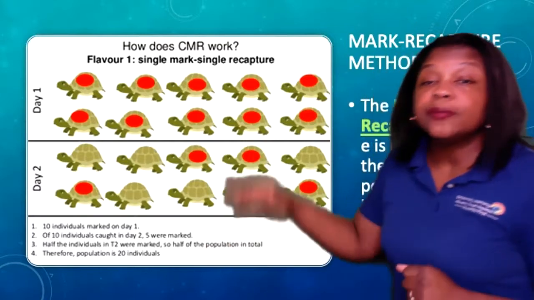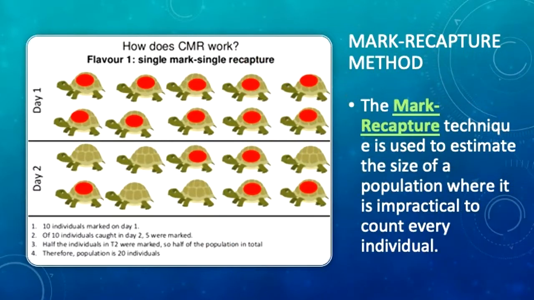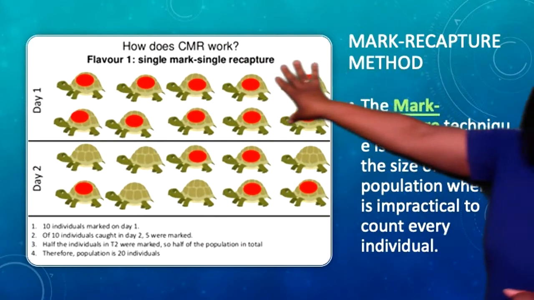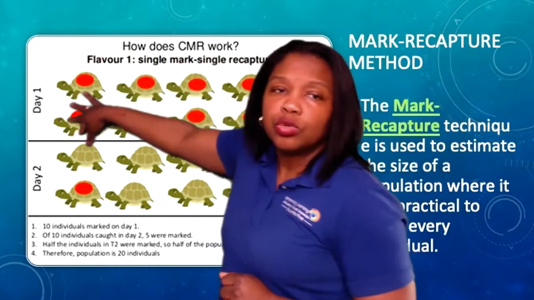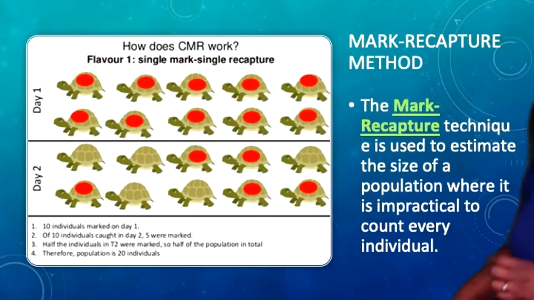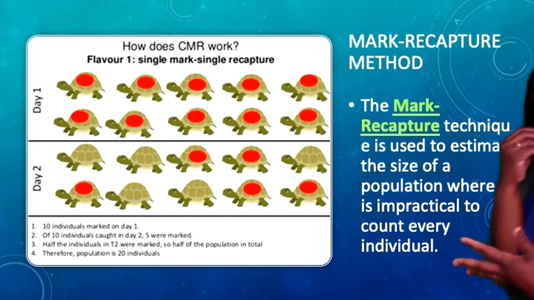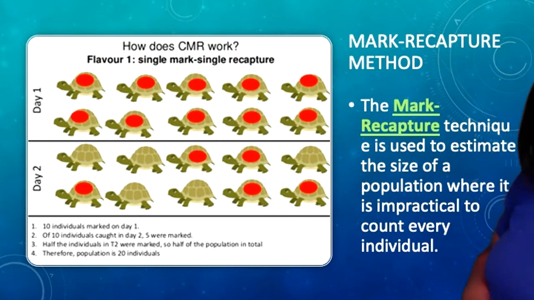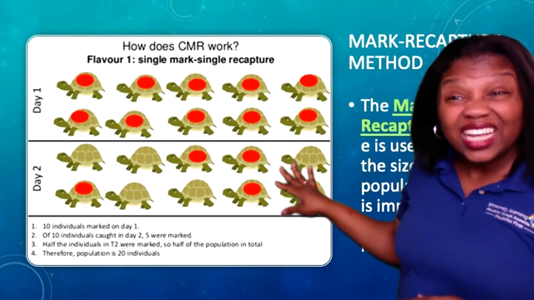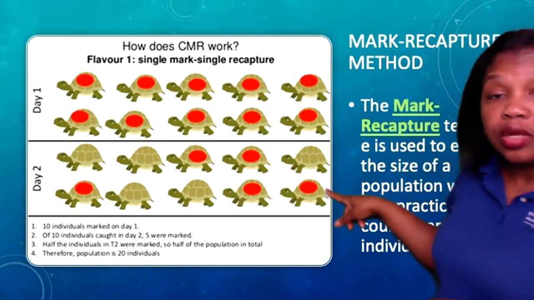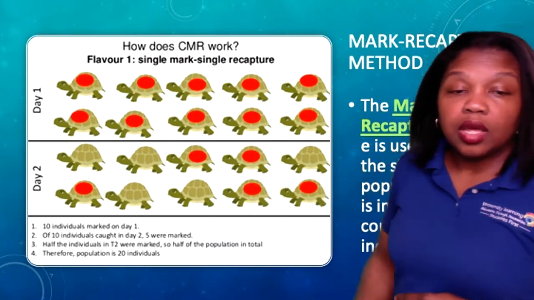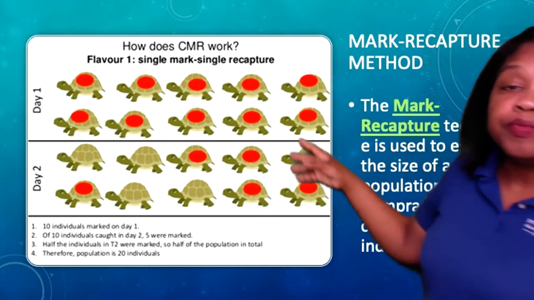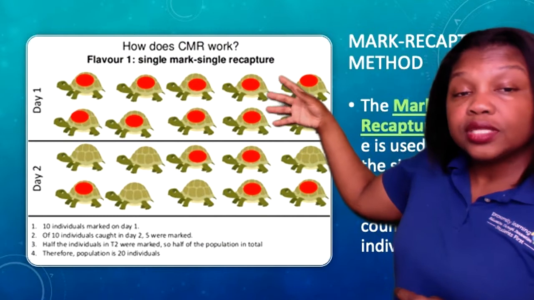So what they do is they'll get some turtles and they'll mark them. So let's say this is the first day, so they found 10 turtles, and they marked all 10 turtles, okay? So now the next day they go back out and they capture 10 turtles, and they figure out, okay, how many of the turtles that we caught on the second day have the mark? So they look at that. In this particular case, they marked 10 the first day.